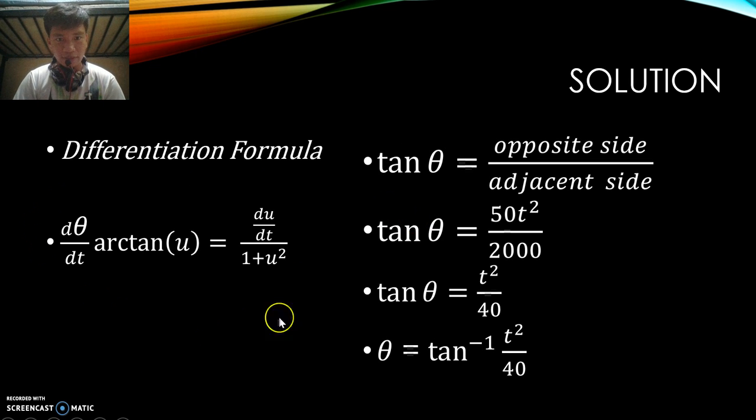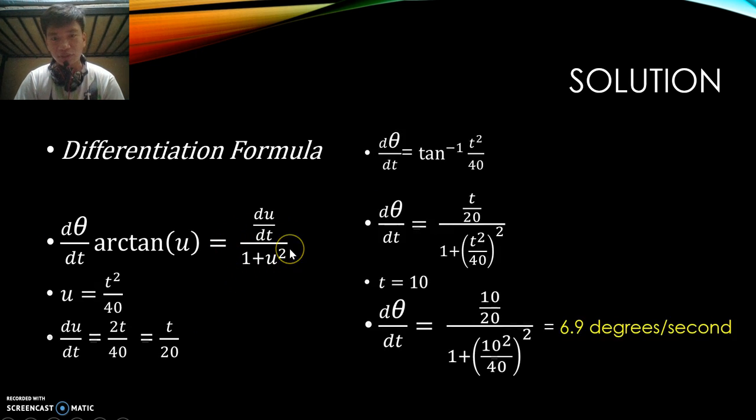Next, we apply the denominator part of the differentiation formula, which is 1 + u². Again, what is our u? We just substitute it here: t² over 40.